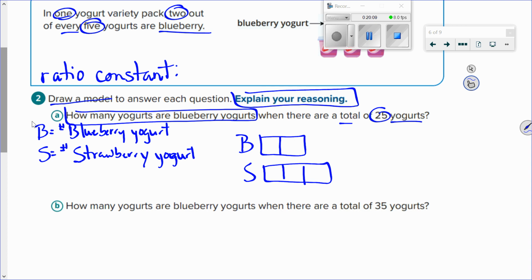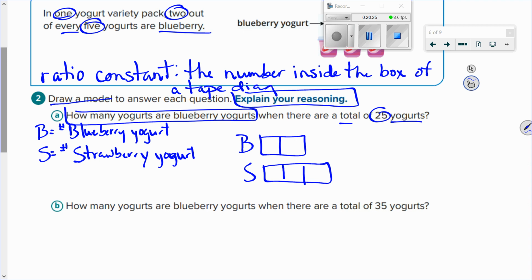The ratio constant is the number inside the box of a tape diagram. And we'll get to the tape diagram definition in a minute, because they actually do have that in the book, but they don't have this definition.